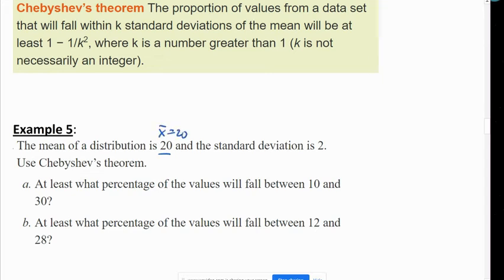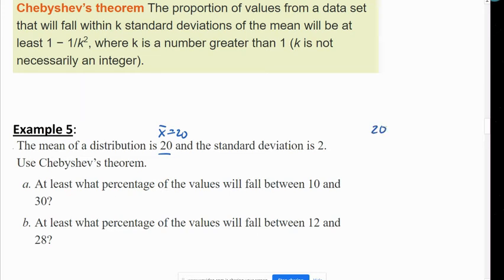So x bar or mu, we don't know which one it is, 20 for this one. And the standard deviation is 2. So according to Chebyshev's theorem, at least what percentage of values will fall between 10 and 30?